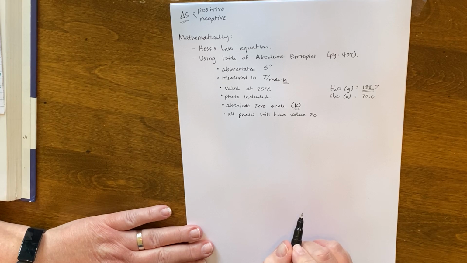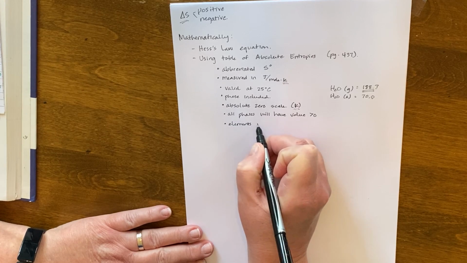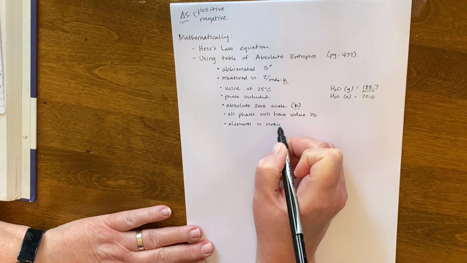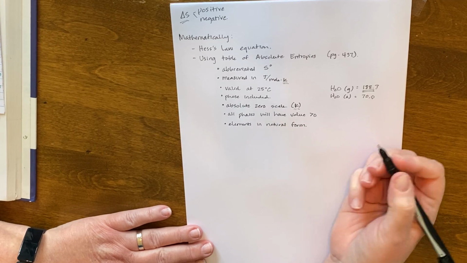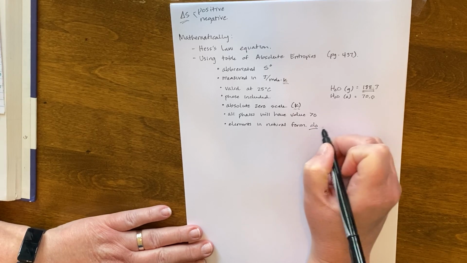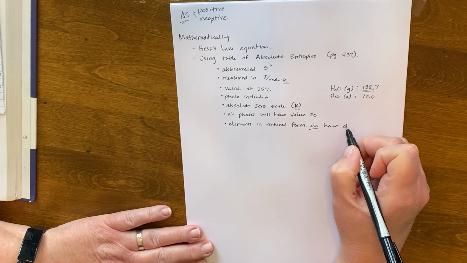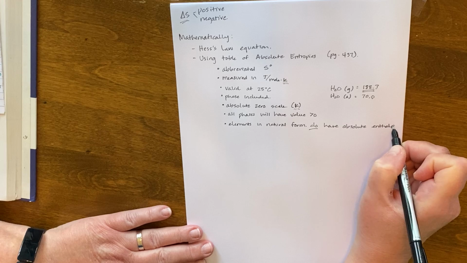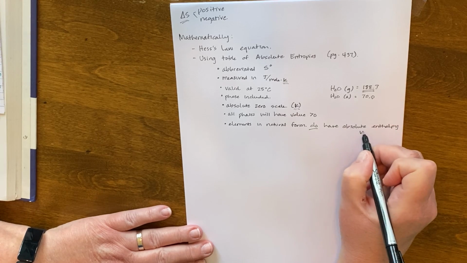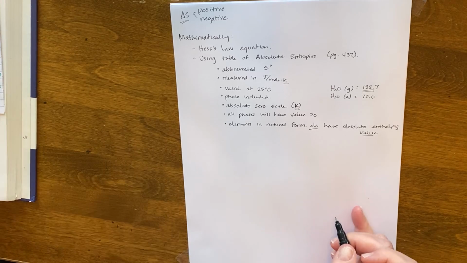And one final thing to note is that elements in their natural form, so O2, for example, do have absolute entropy values.